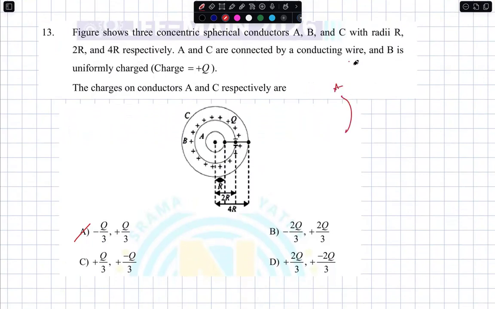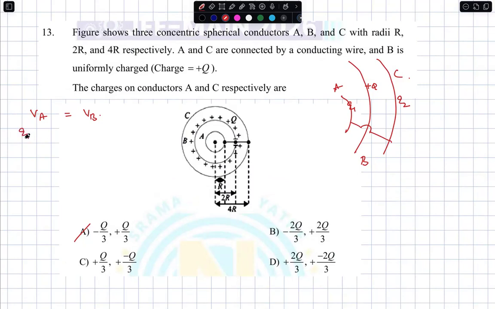This is A, this is B, and this is C. Since A and C are connected, potential of A is the same as potential of C. You are given charge only to B, this is Q, and this is Q1, I'm assuming, and this is Q3, for example. Remember, they were connected, without touching B.